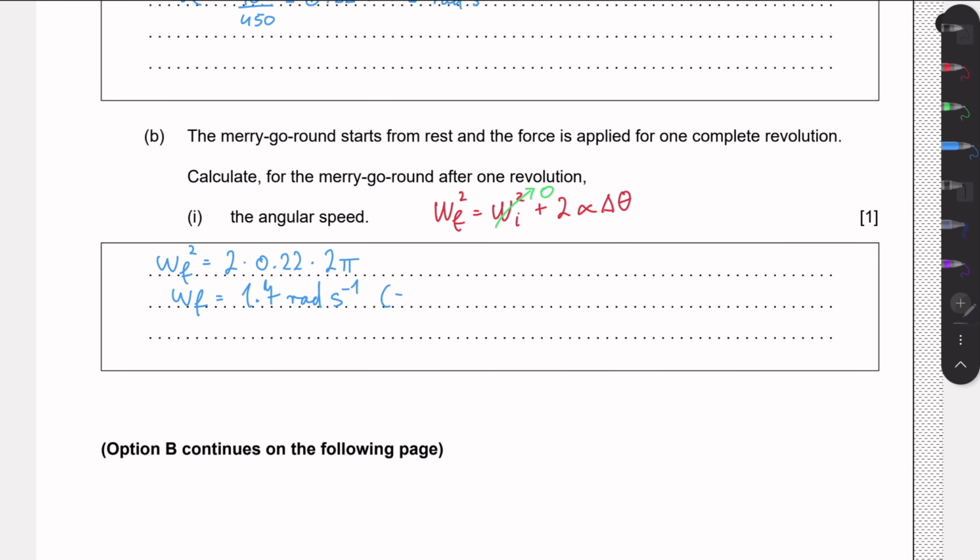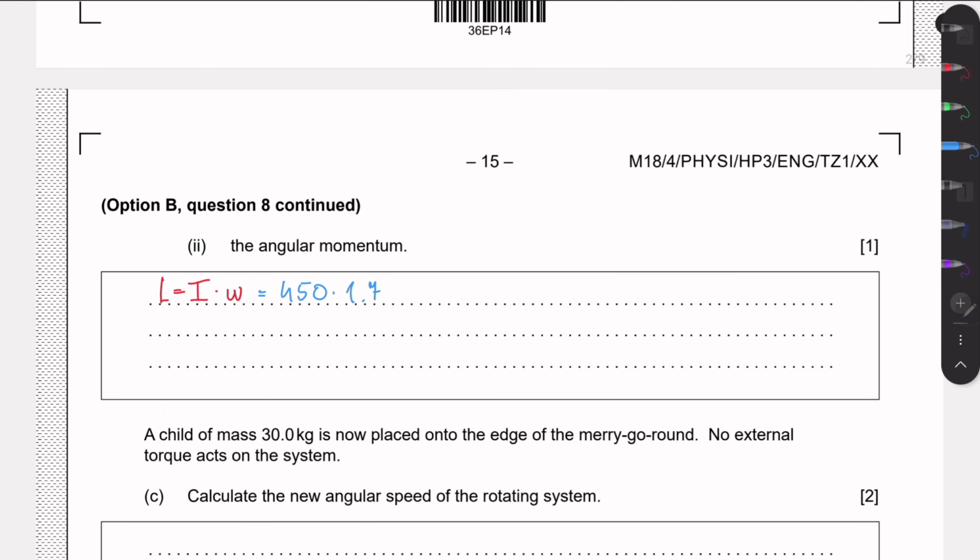More precisely, it would be 1.66 radians per second. In these questions, we can usually use a more precise value, and then our final answer we can round. So this will be approximately 750. And the units of angular momentum would be kilogram meter squared, that's moment of inertia, and radians per second for angular speed.